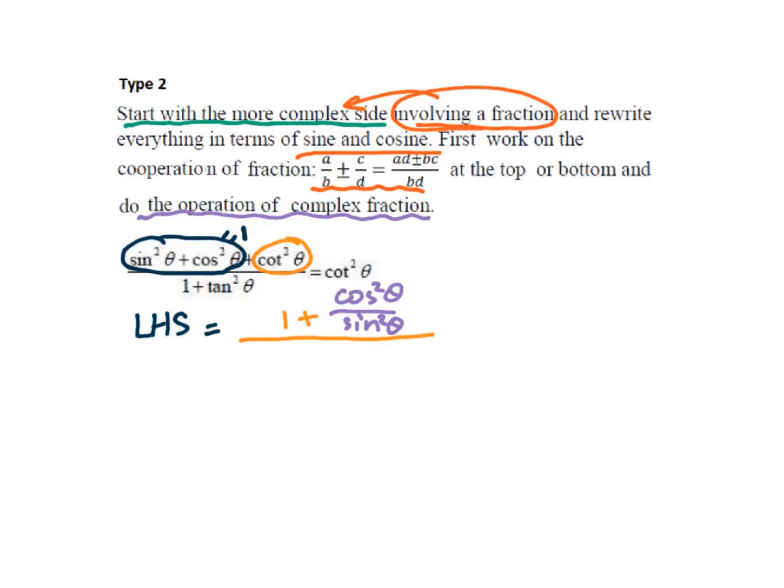For the denominator, we have 1 plus tangent square theta equals sine square theta over cosine square theta.